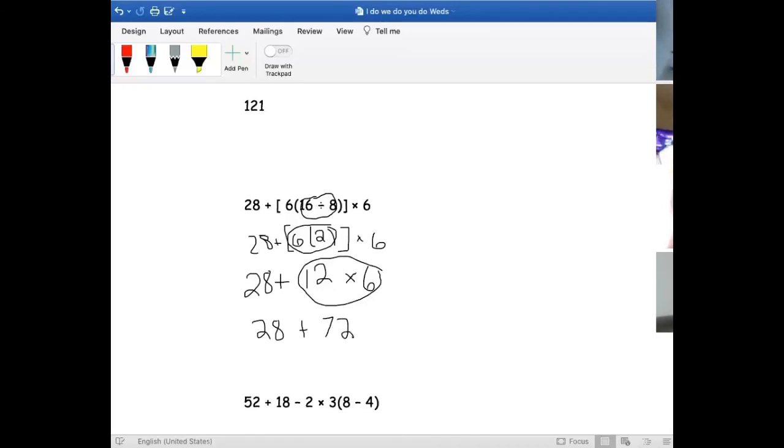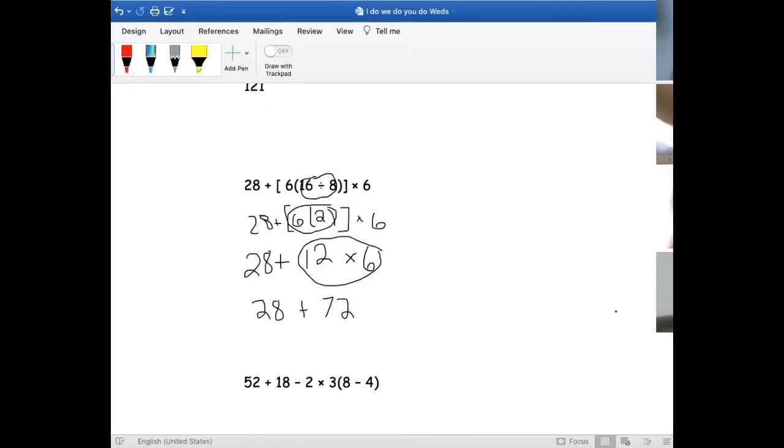Yep. And then very good job. And then Karina, what's left? 28 plus 72. Yep. I'm going to do some mental math. 2 plus 8 is 10, right? And then 2 plus 1 is 3 plus 7 is 100.